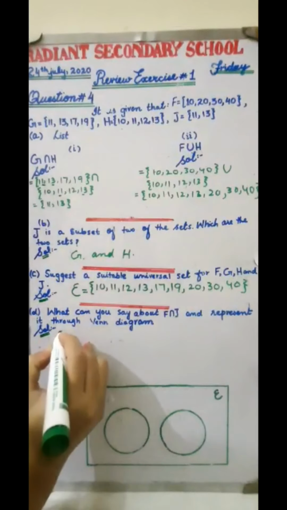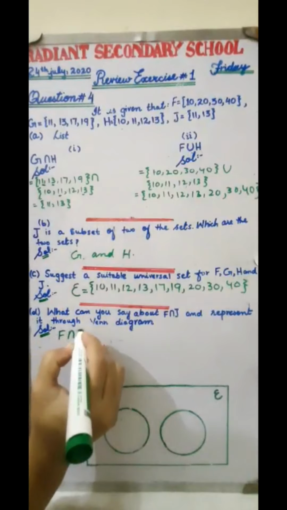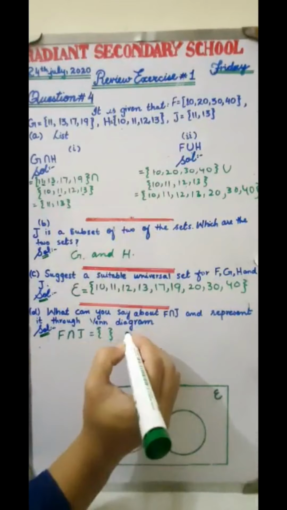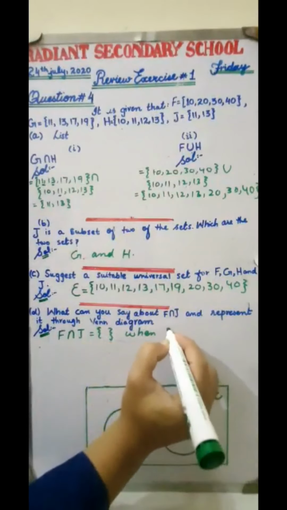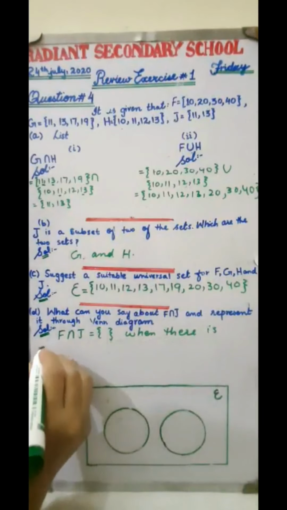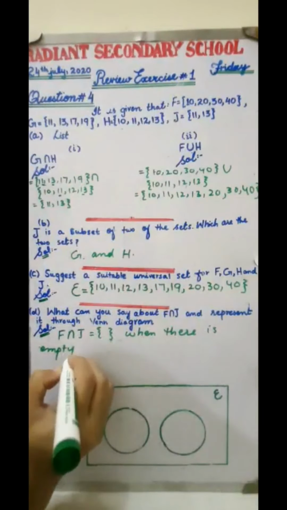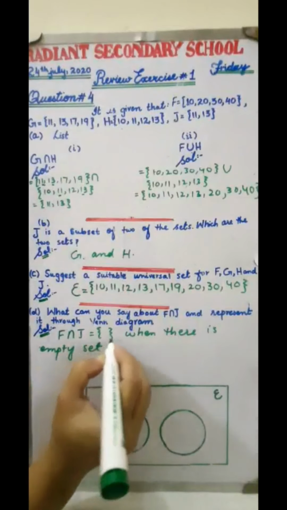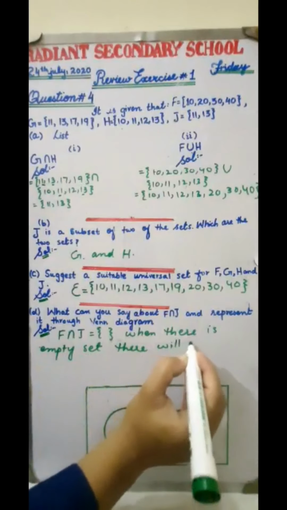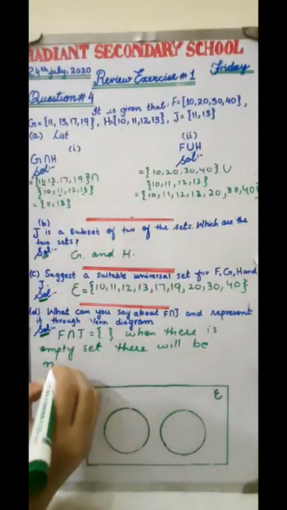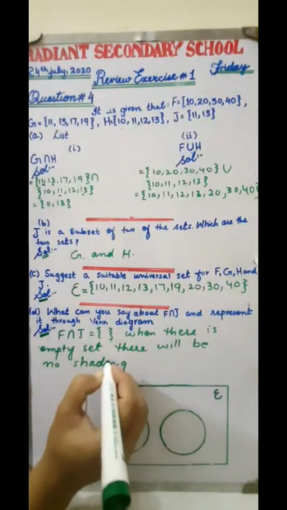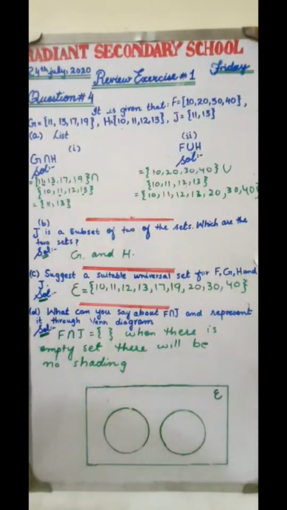So you can write F intersection J is the empty set. When there is an empty set, there will be no shading in the diagram.